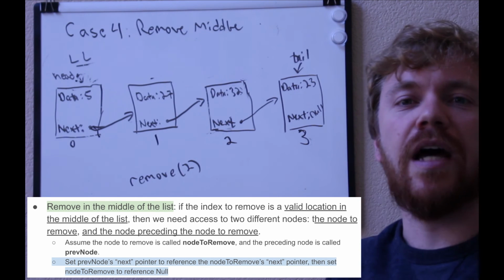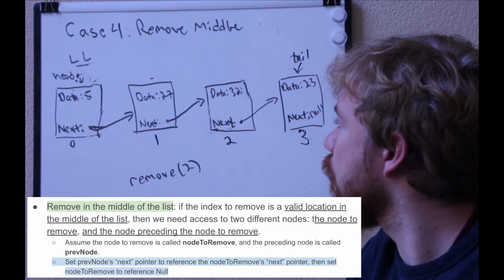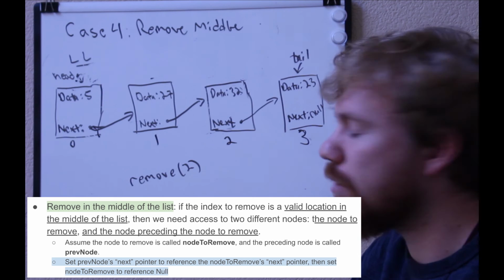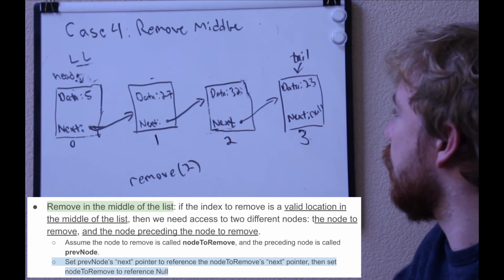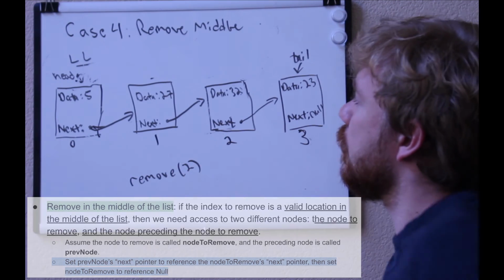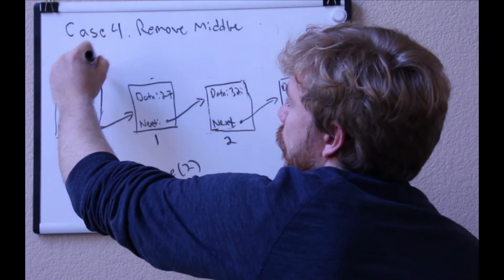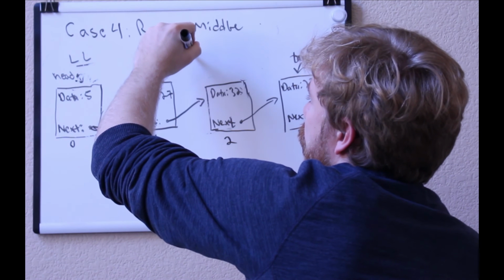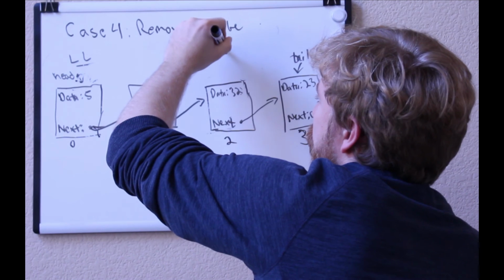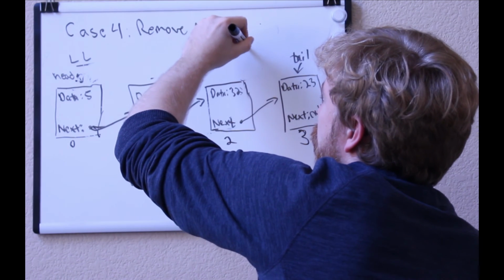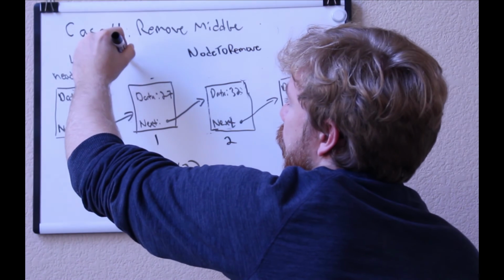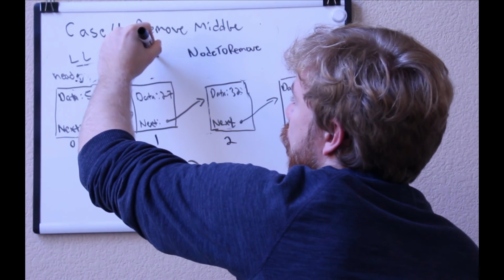And what they're going to do is side by side traverse or visit the linked list until the node to remove is found. So we're looking for 2, and so the idea is, here's my node to remove. Here's my previous node.